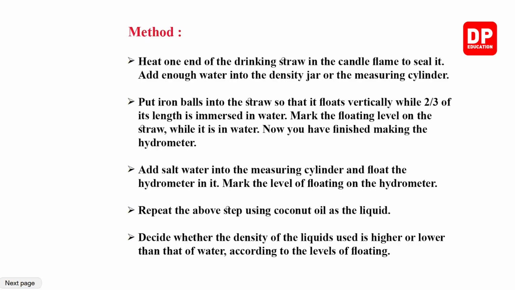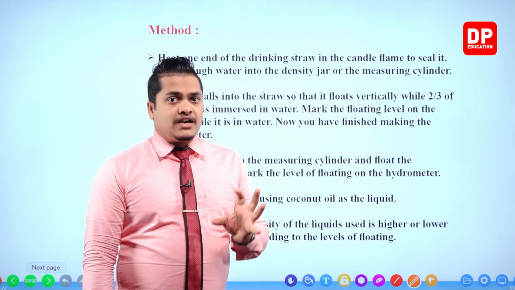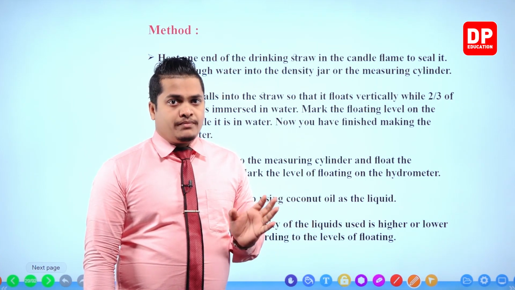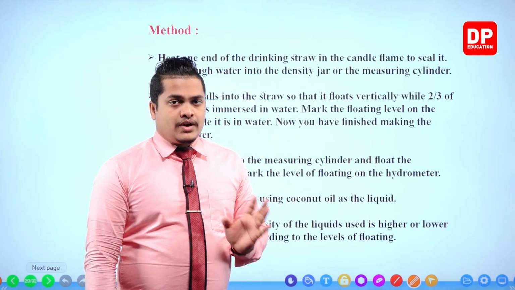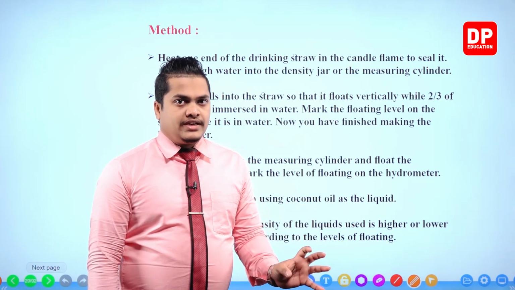So the method: heat one end of the drinking straw in the candle flame to seal it. You can use the candle flame, but be very careful. If you heat it too much, the plastic will melt and you won't be able to do it. So I think it's better to use candle wax to seal it well.